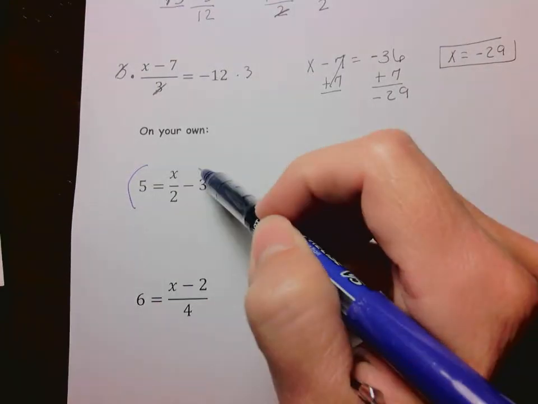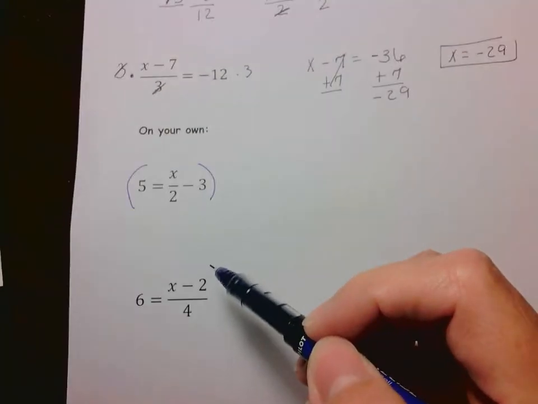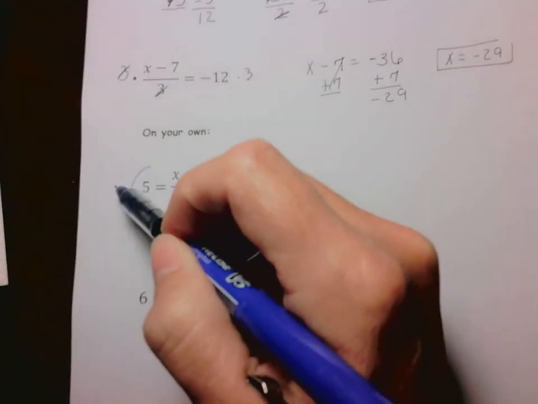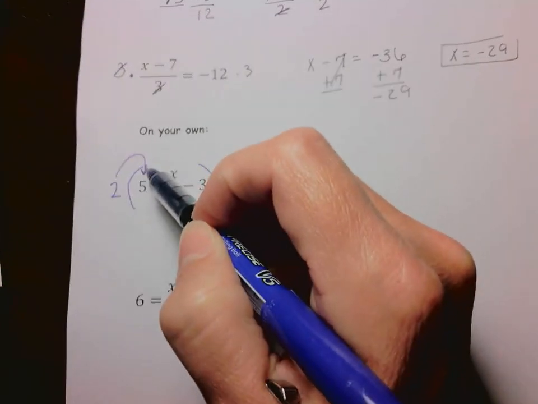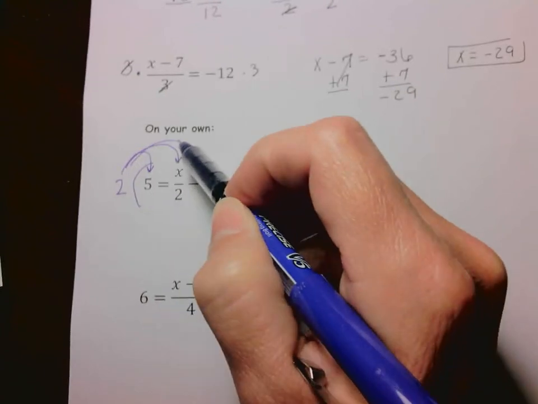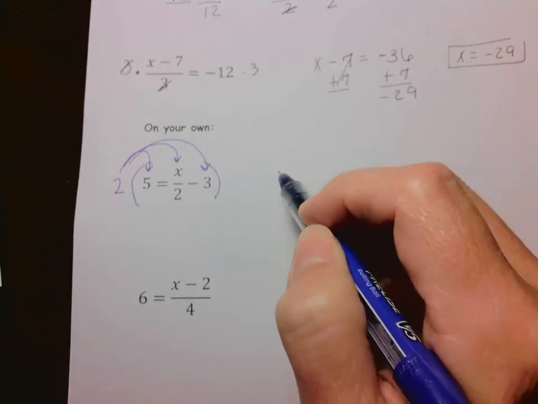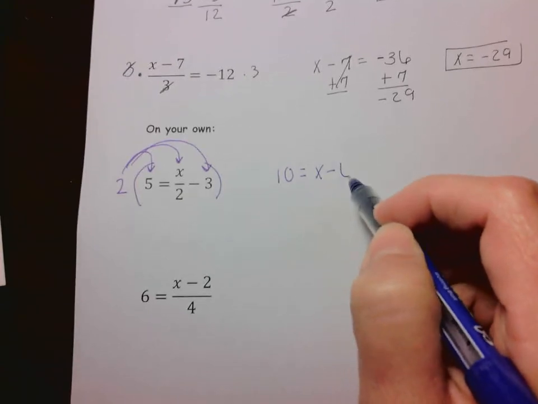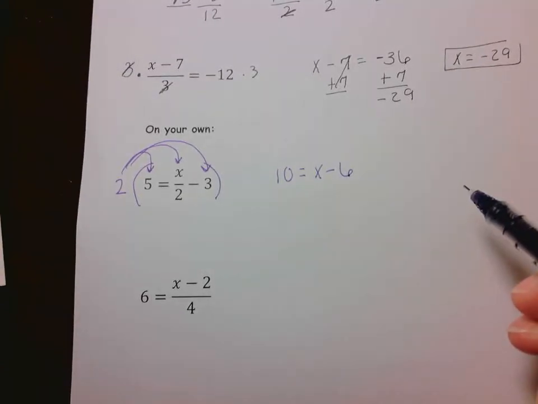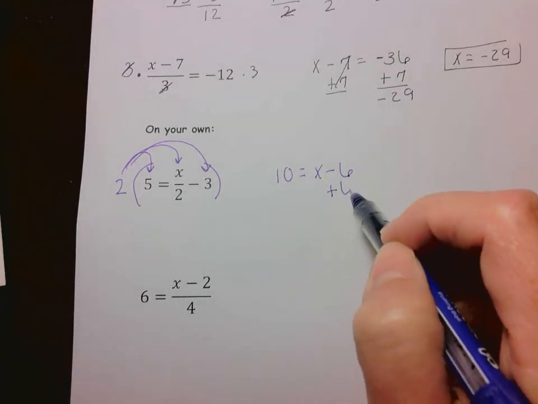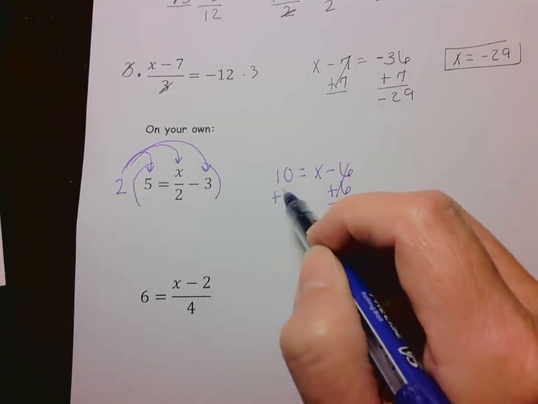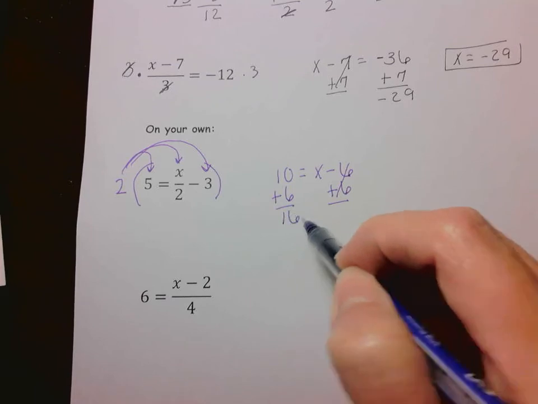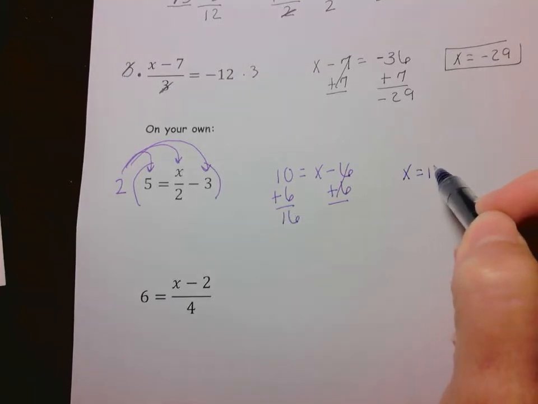So I want to get rid of the denominator, and so I'm going to multiply each term by the denominator. And when I do so, that's what I get. And then I add 6 to both sides, and I get x equals 16.